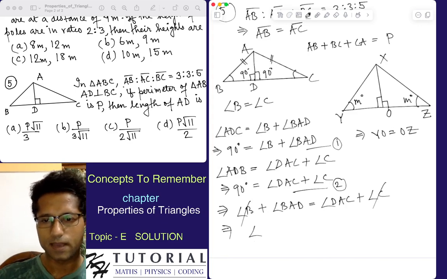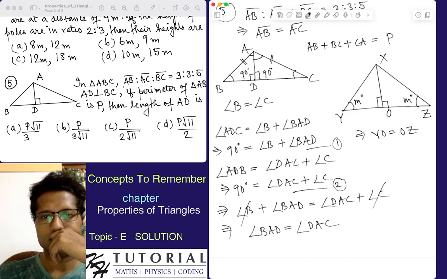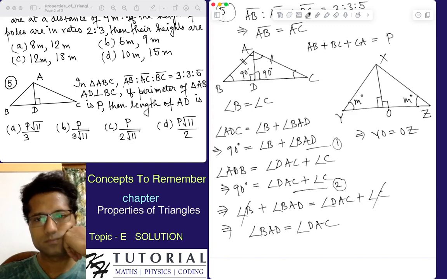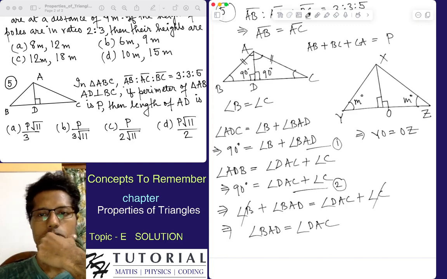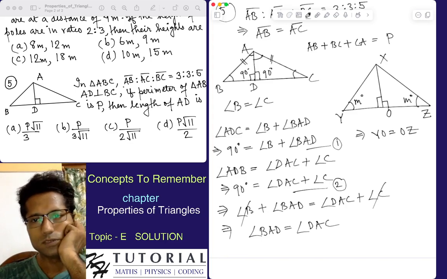So we get angle BAD equal to angle DAC, that is, this angle and this angle are equal. These two angles are equal.